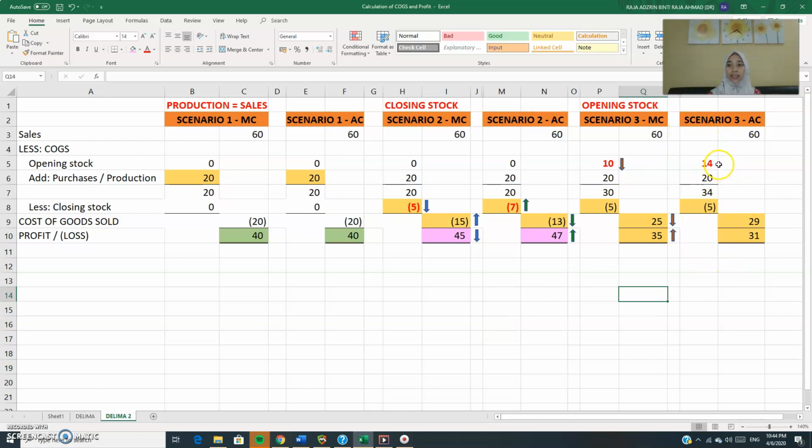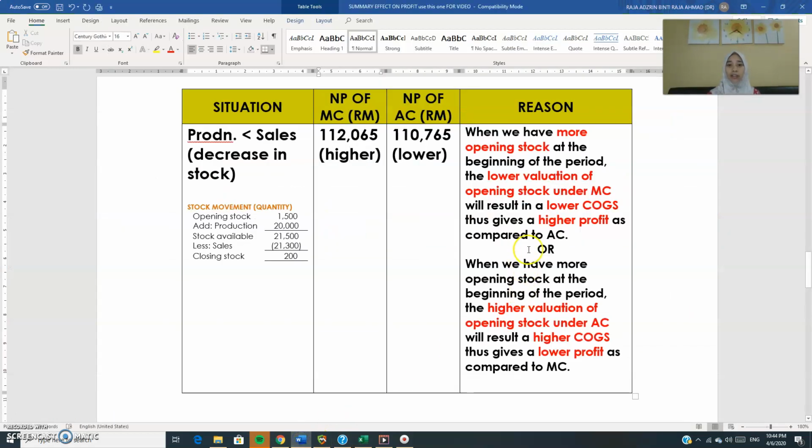That means you can say a higher opening stock valuation reported under absorption costing will result in a higher cost of goods sold. Therefore, it gives you a lower profit. So, alternatively, you can explain it when we have more opening stock at the beginning of the period.